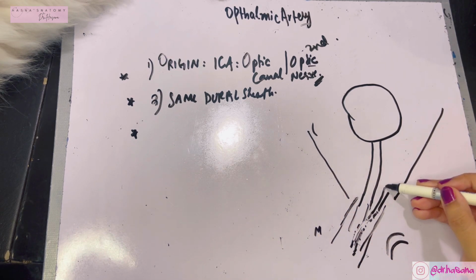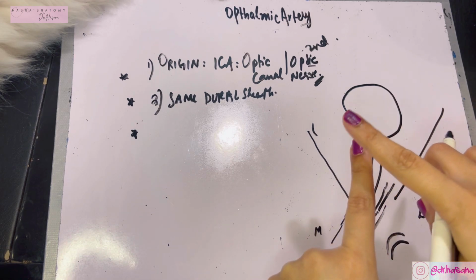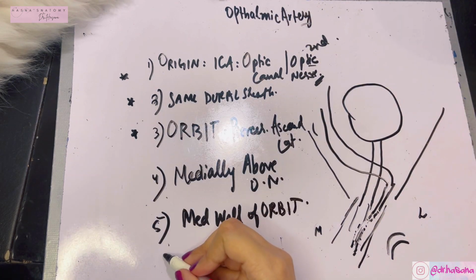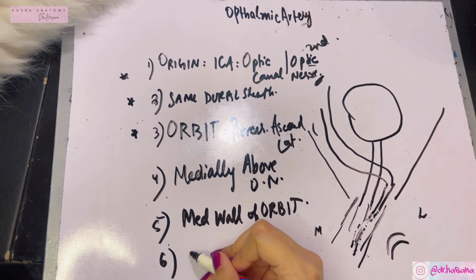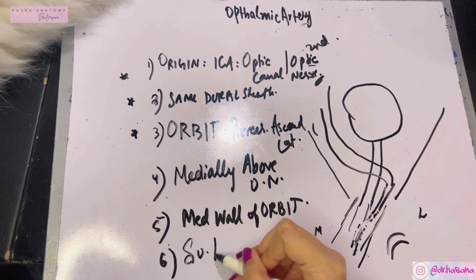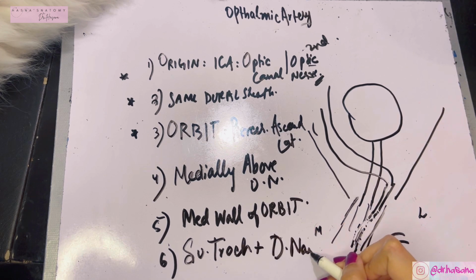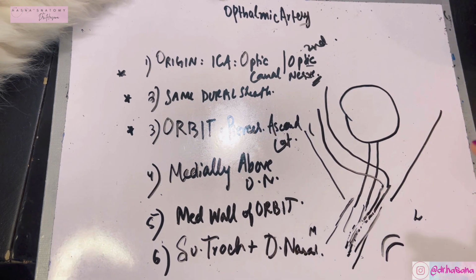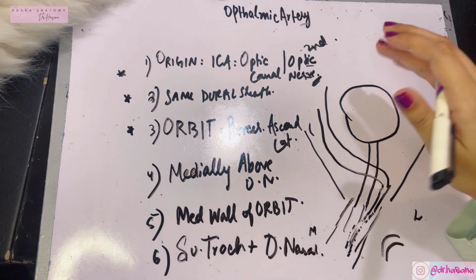So it ascends first, and then once it comes above the nerve, it turns medially and goes towards the medial wall of the orbit until it terminates as the supratrochlear and the dorsal nasal branches. All right, so always remember the courses of any vessel or nerve or any structure in the form of bullet points. That'll be very easy for you.